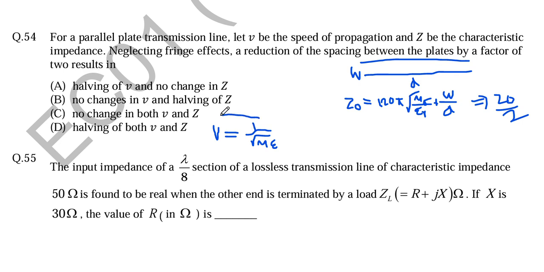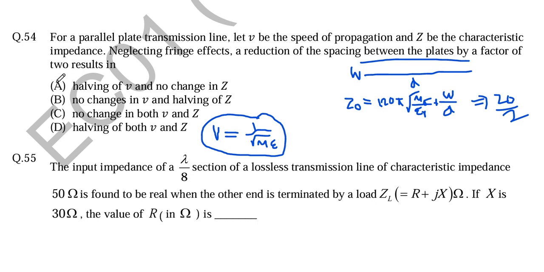So we can directly see here that the speed of propagation only depends upon the material, here permeability and permittivity, the material type, not the dimension or size of the transmission line. So the speed of propagation is not affected by the w, but the characteristic impedance is affected because it is directly proportional to the w, because w is the spacing between the parallel plates.